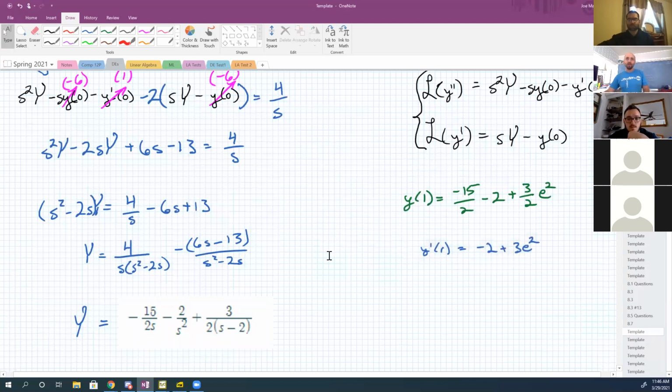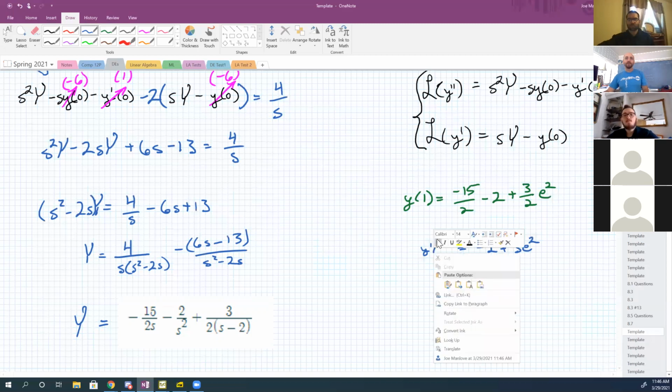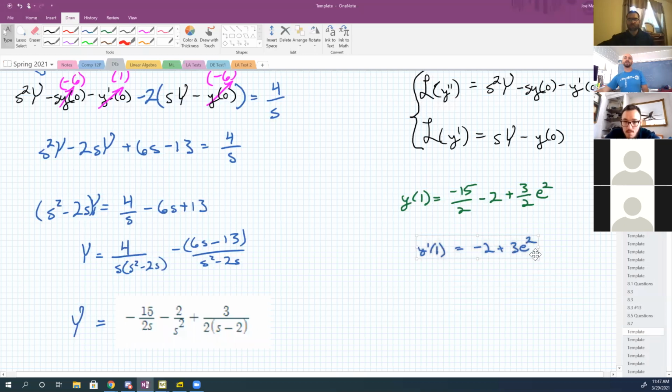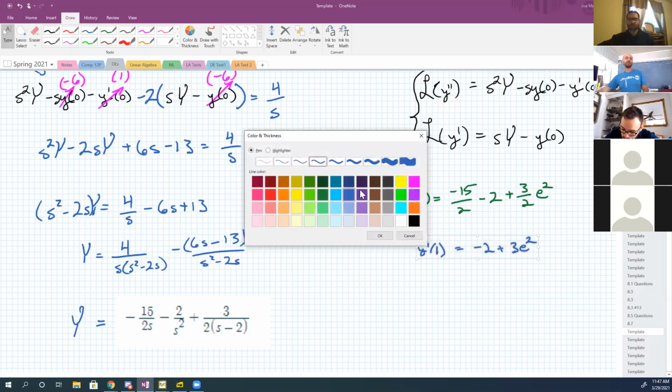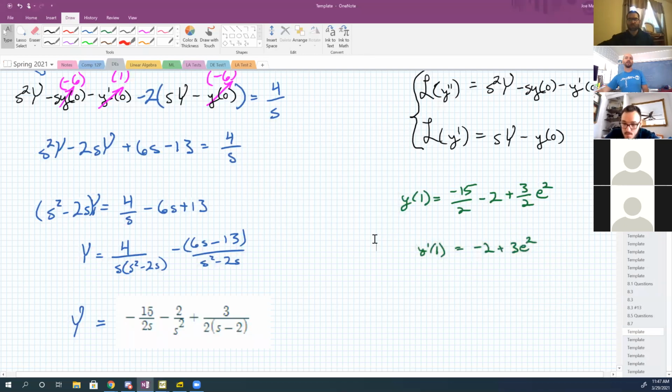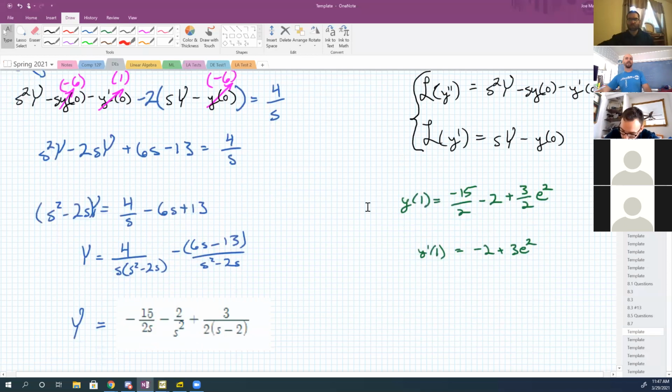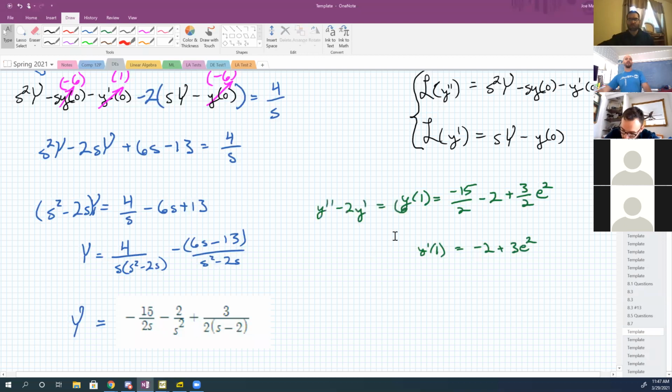Okay, this was at 1, which is maybe not totally obvious here. So this is my initial condition now for green. And my differential equation looks like this. Now, I would be in a real world of hurt if I was planning on Laplace transforming this to solve it.